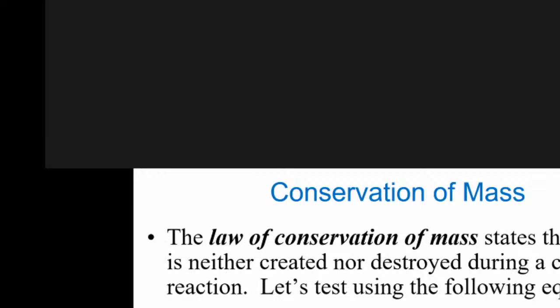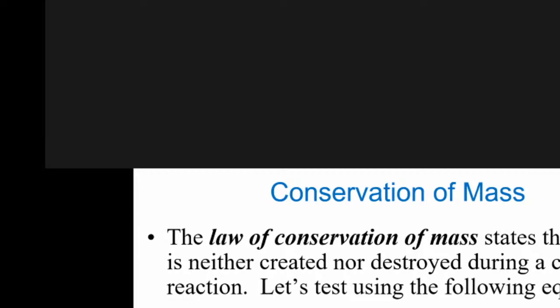Conservation of mass. Nothing is destroyed. Mass is neither created nor destroyed during a chemical reaction. They bump into each other and form something new, but when you check what's on the left-hand side against the right-hand side, mass is conserved.